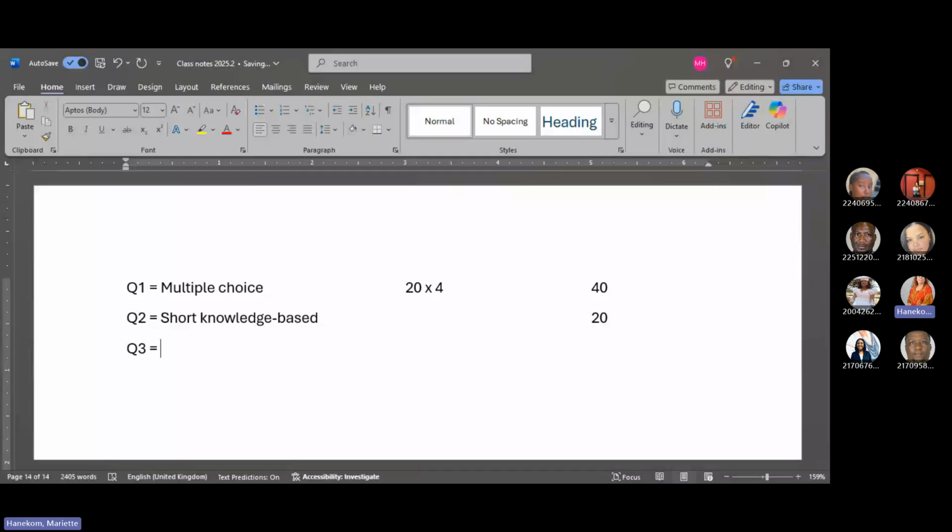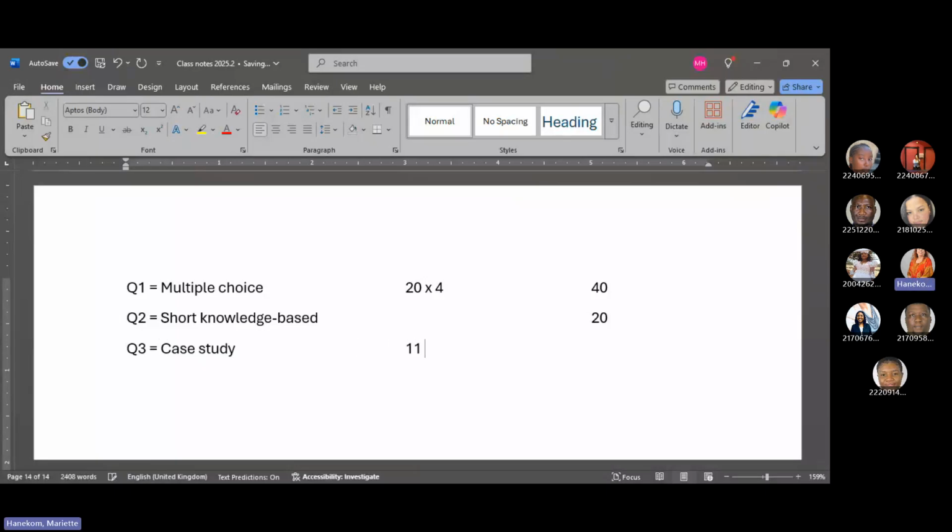Question three is a case study. Two sub-questions, 11 marks and 4 marks, giving us a total of 15.